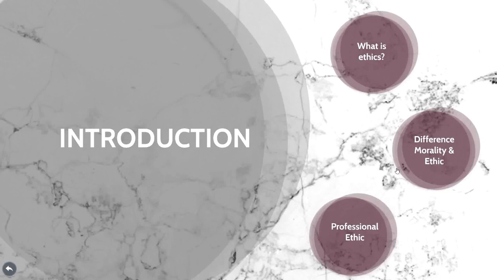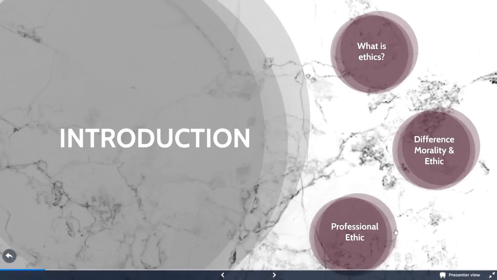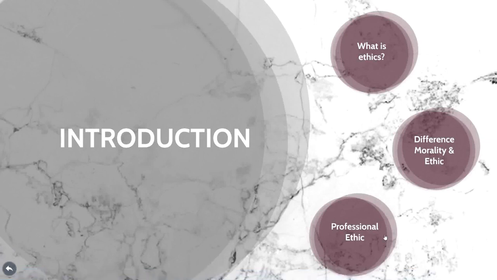As ethics has been defined before, here is a brief explanation of the definition of morality and how these two differ from each other. Thirdly, an explanation of what professional ethics is, why professional ethics is important, and what ethical and unethical behavior at the workplace is, is given.